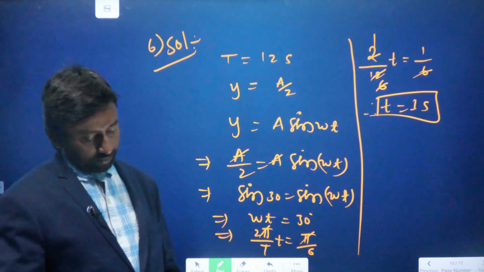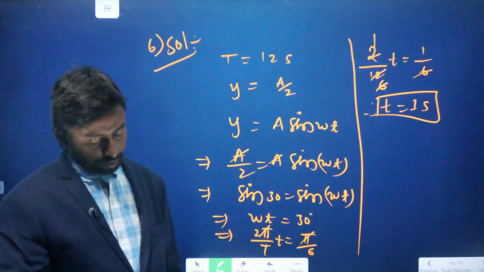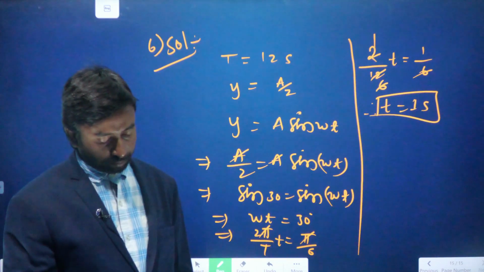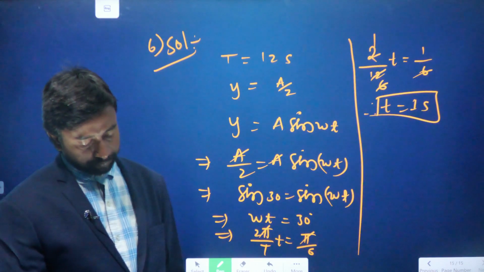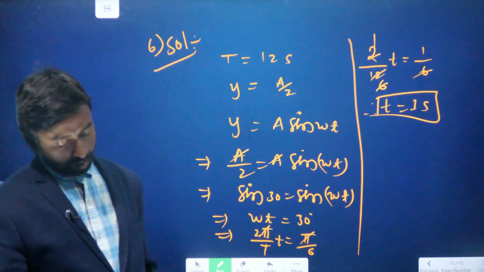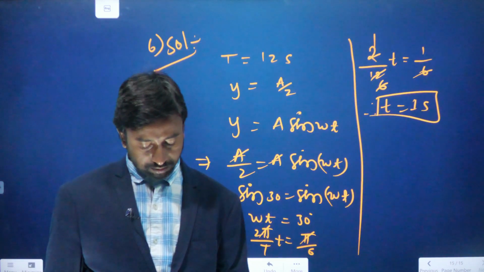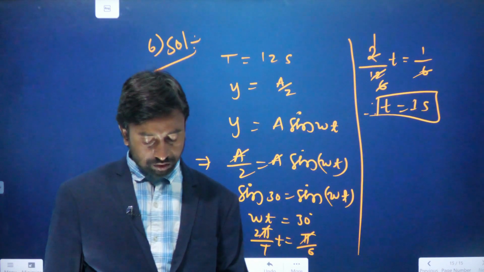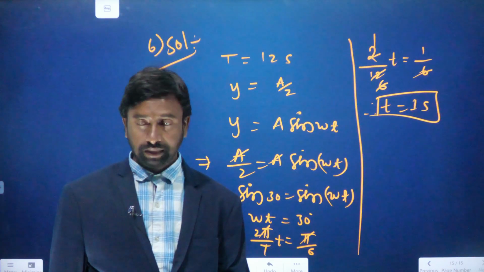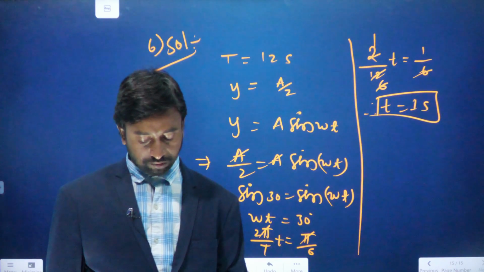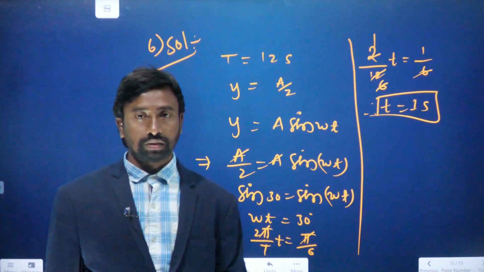So here, the seventh one. The equation is given: y is equal to 0.2 sin of (10 pi t plus 1.5 pi) into cos of (10 pi t plus 1.5 pi). If it is multiplied by 2 and divided by 2, we will get sin 2 theta.